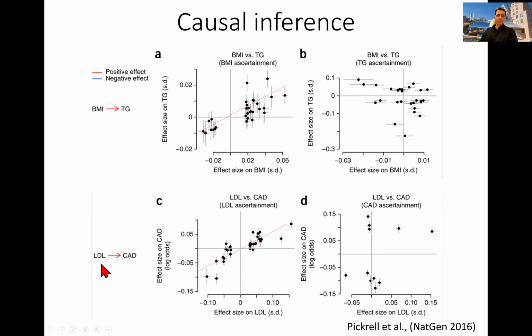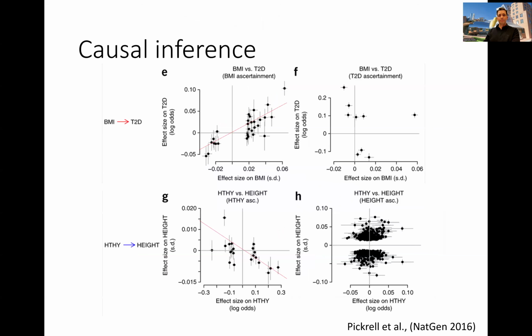And then similarly, you can see that LDL cholesterol is in fact highly predictive of coronary artery disease, but not the other way around. So basically, if you do the inverse correction, you see that the correlation goes away. Everybody with me here? Awesome. So you can do this to note, for example, that type 2 diabetes is caused by BMI, but not the other way around.